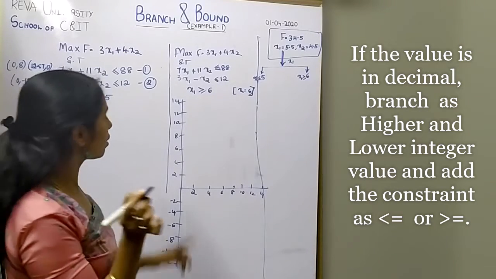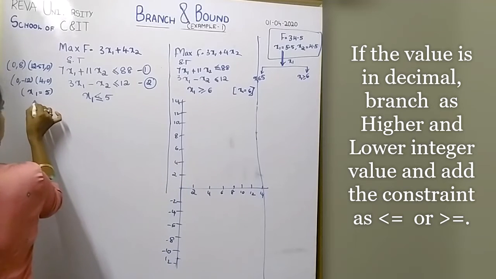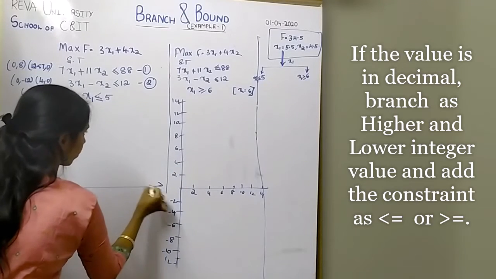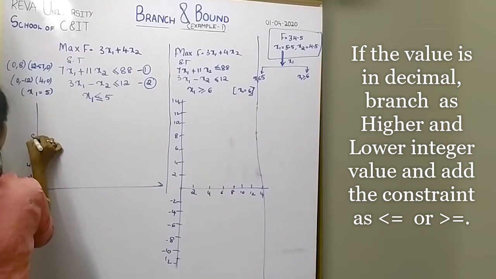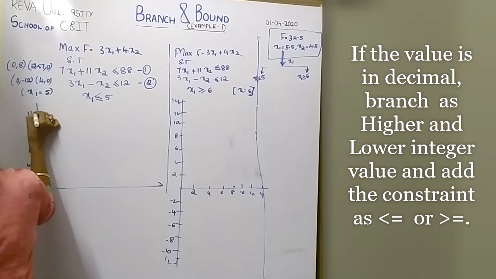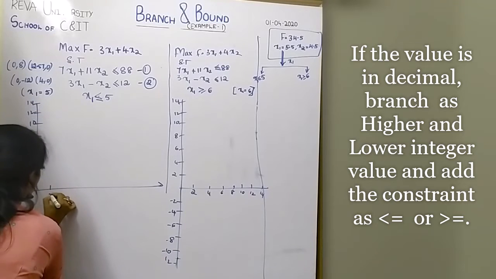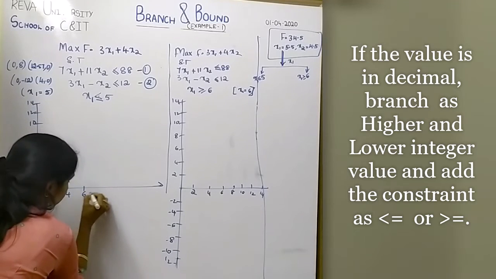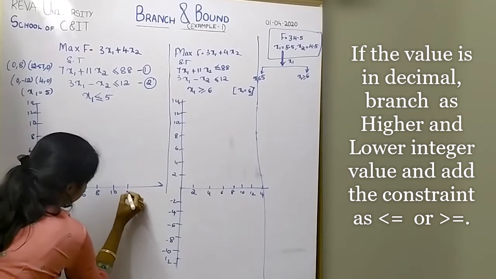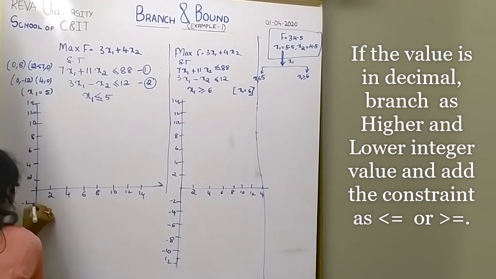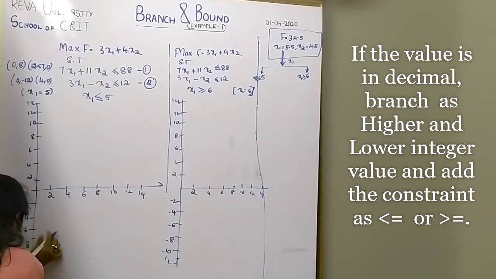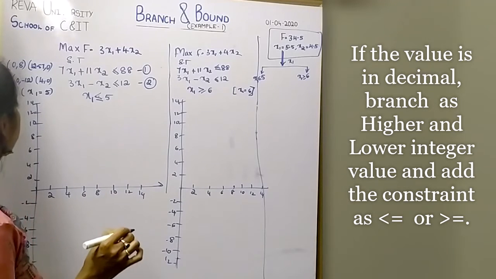You can draw this on graph sheet also. So here again 2, 4, 6, 8, 10, 12, 14, and minus 2, minus 4, minus 6, minus 8, minus 10, minus 12.